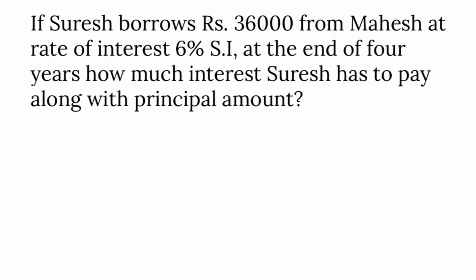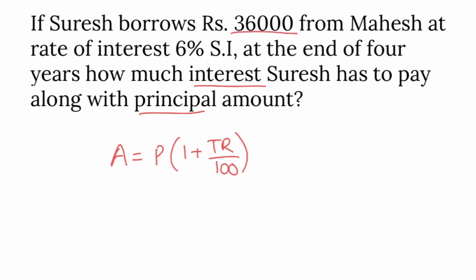If Suresh borrows 36,000 rupees from Mahesh at 6% SI, at the end of 4 years, how much interest Suresh has to pay along with principal amount? How much interest along with principal means amount is required. Amount formula P into 1 plus TR by 100.